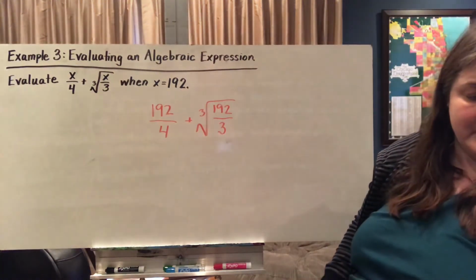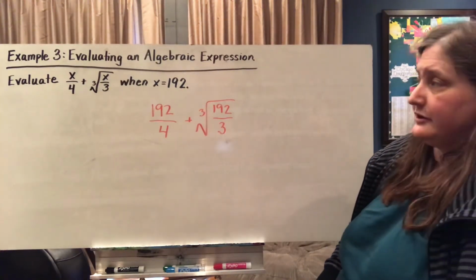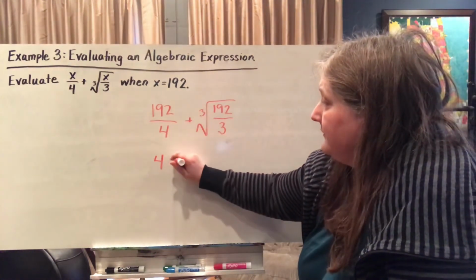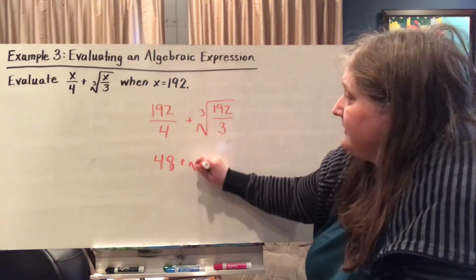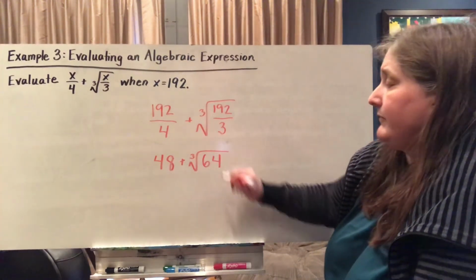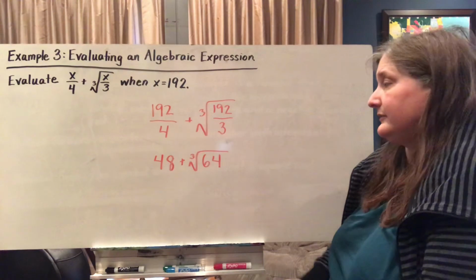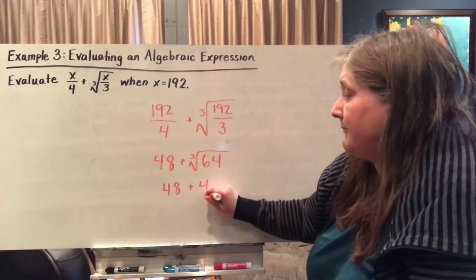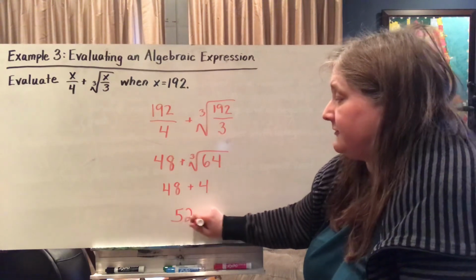So in this case, I'm going to do some simplifying. 192 divided by 4 gives me 48. And 192 divided by 3 gives me 64. The cube root of positive 64 is 4. So 48 plus 4, my final answer here is 52.